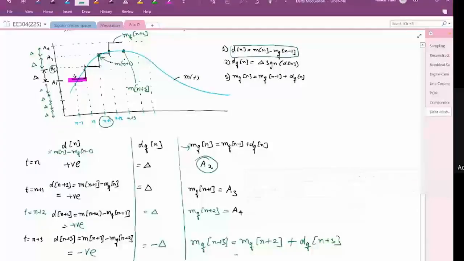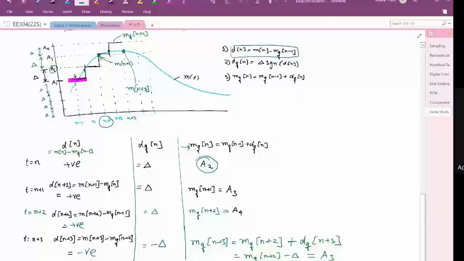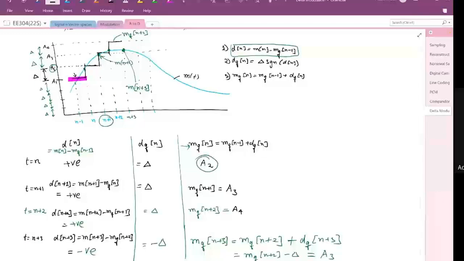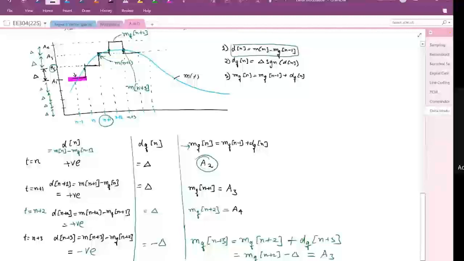So this becomes mqn plus 2 minus del, and what is this value? A3. That means our mqn plus 3 would be A3, at this level. So it is going to come down to this level, and then will continue like this. Is it or not?